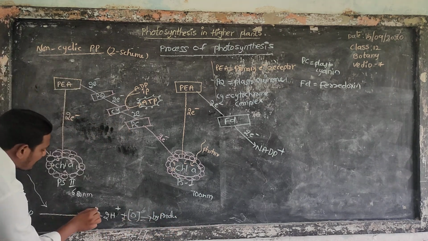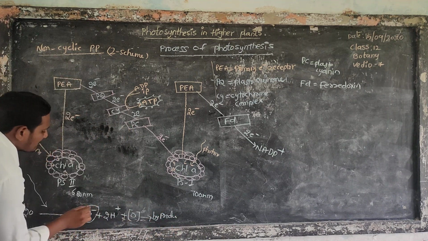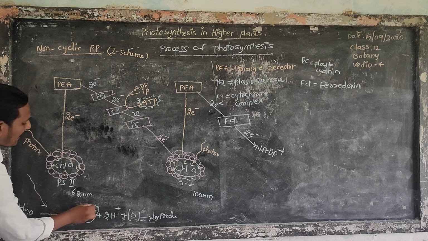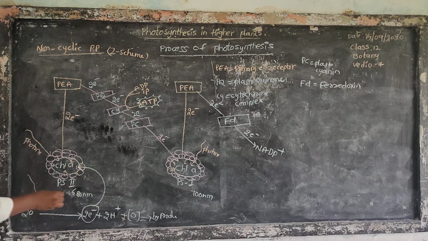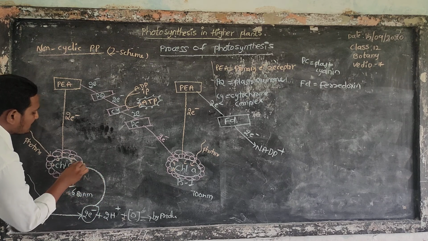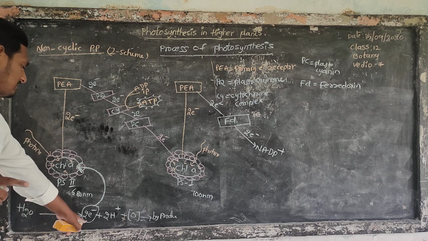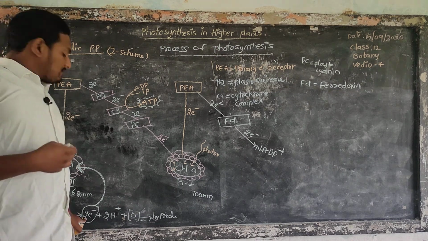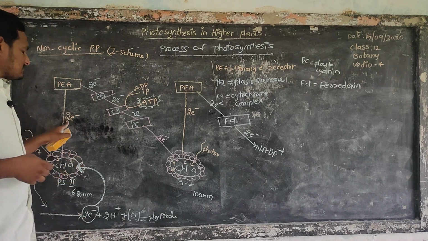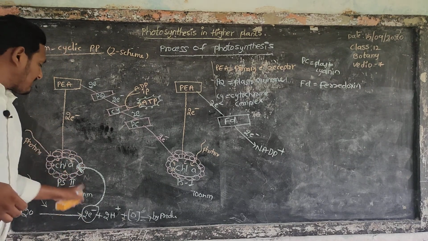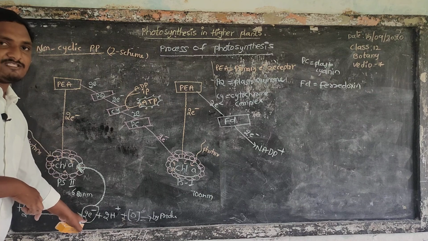This pair of electrons is generally added to chlorophyll A, because chlorophyll A lost a pair of electrons. The pair of electrons lost by chlorophyll A is replaced by this photolysis of water.